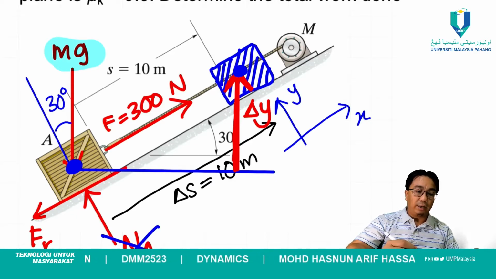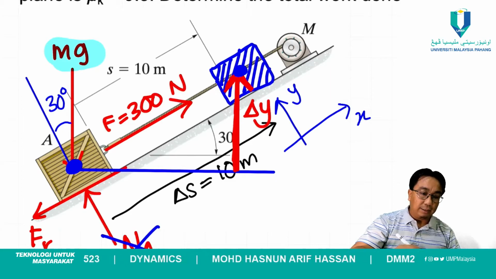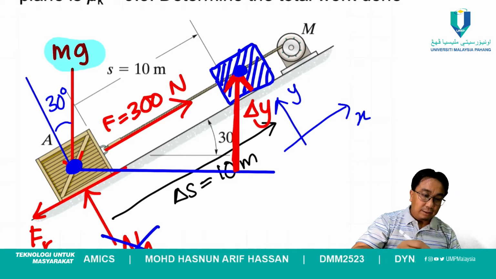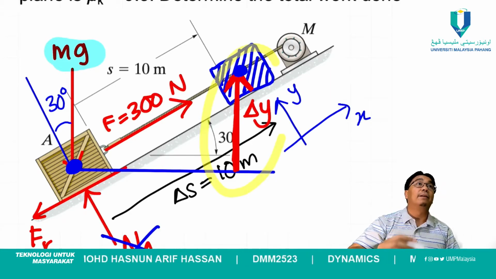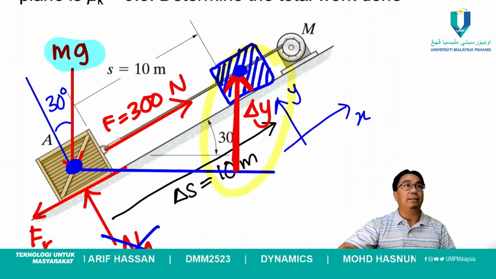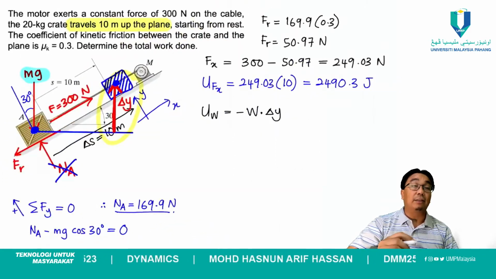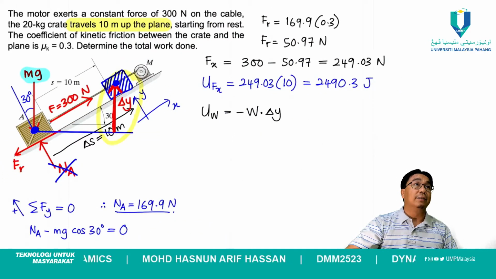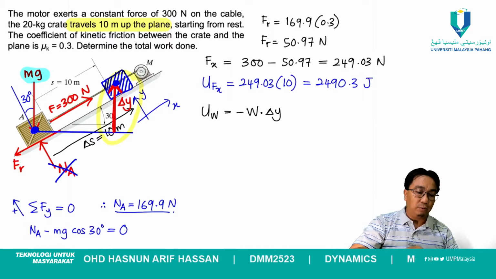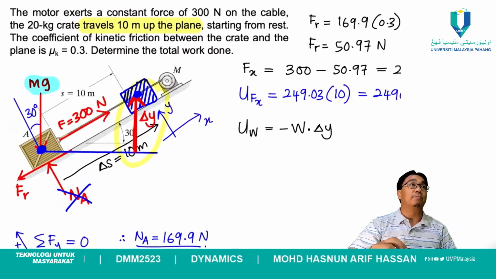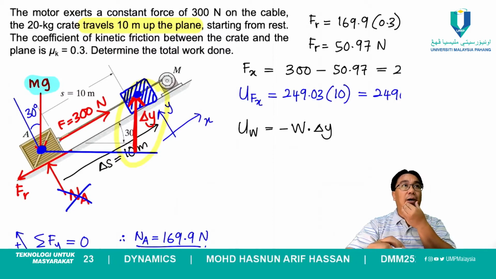So what we are interested in is this delta y here. So how do we find that delta y? We need that delta y to calculate the work done by the weight. Work done by the weight is UW, is minus W times delta y.